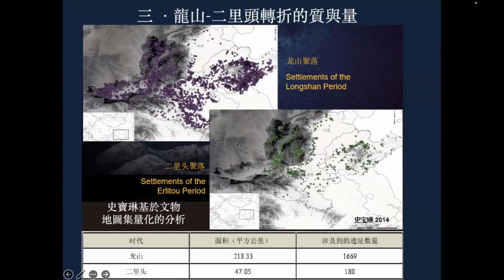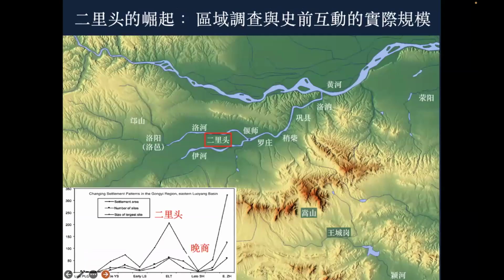So what I'm trying to say is the archaeological classification has to adapt to the realities of the past. Okay, so as a result of that collapse and the reconfiguration, you have the emergence of Archaeological as a new early Bronze Age center, and it cannot account for all the population that's lost elsewhere, okay? So here is the survey data that's published by Liu Li, Chen Xingcan, of their Yile River survey.